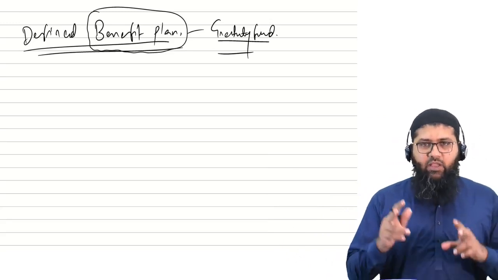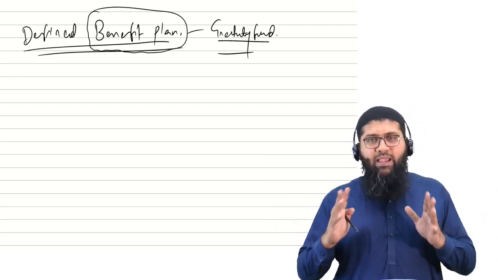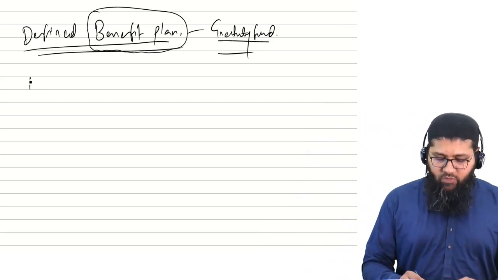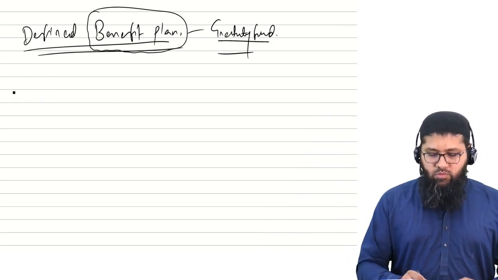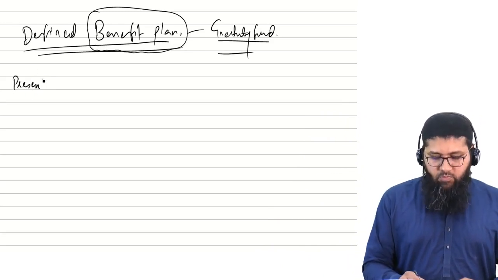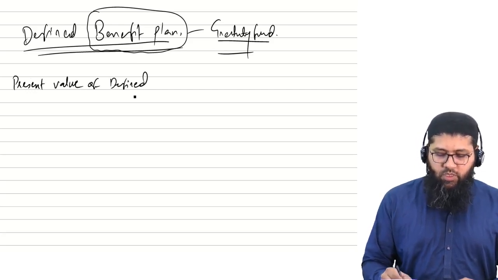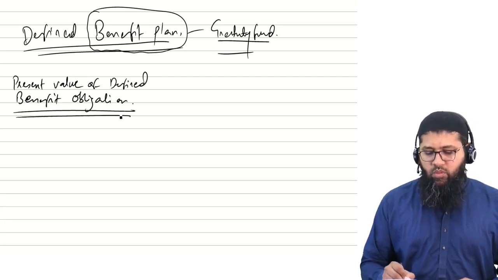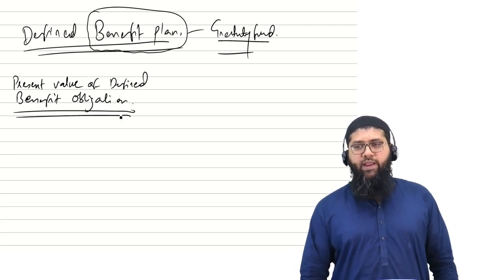There are basically two types of workings that you have to do before you can reach an expense. The first one of them is termed as present value of defined benefit obligation.